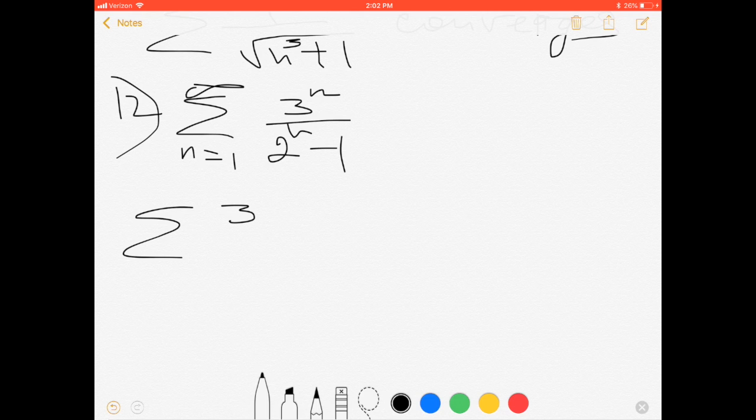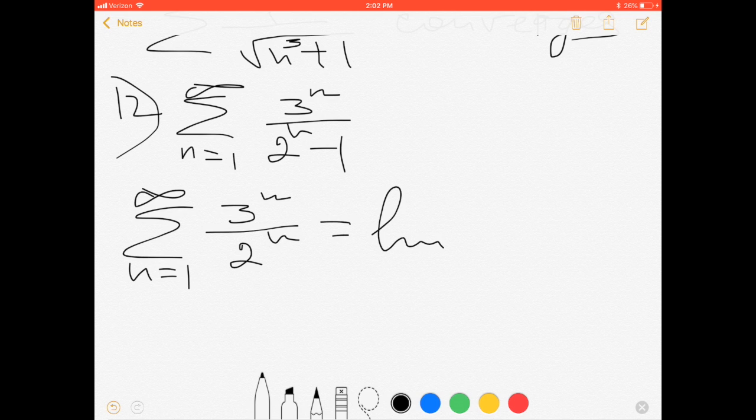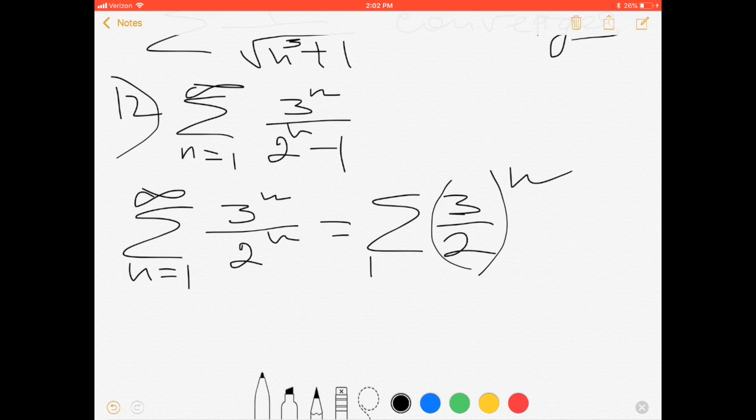What do we have? 3 to the power n over 2 to the power n, starting from 1 to infinity. Tell me please. The series of 3 halves to the power n, from 1 to infinity.